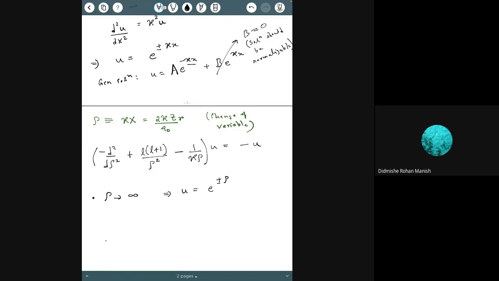But now let's look at the other limiting solution, which is rho tending to 0.